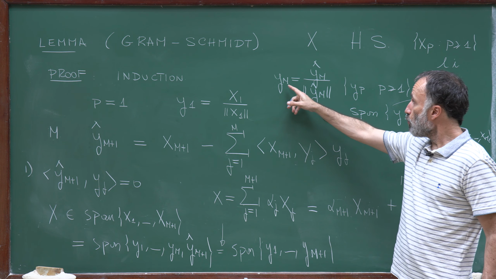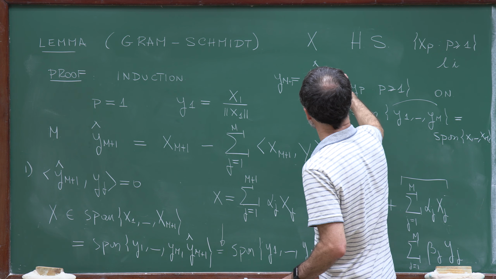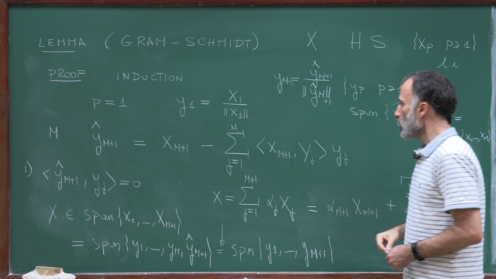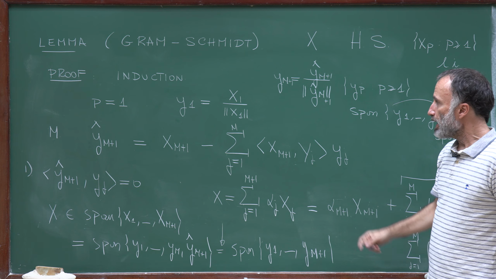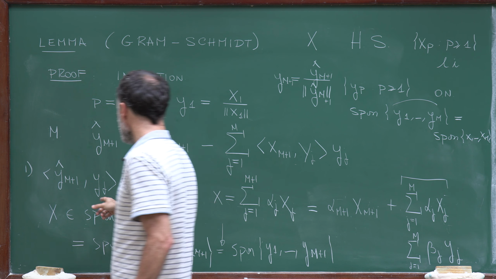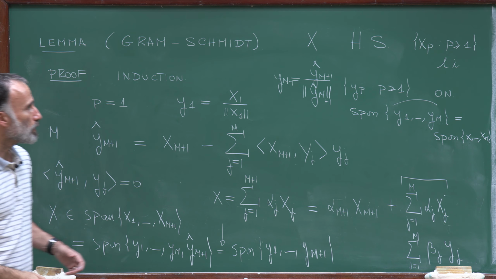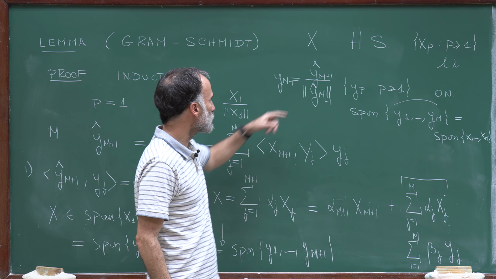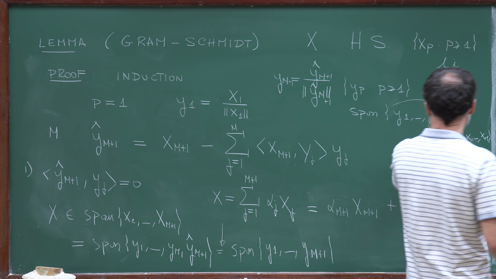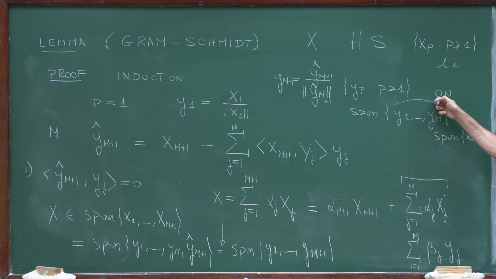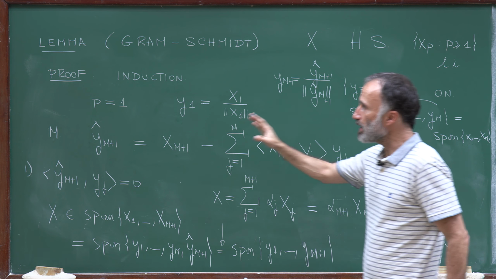Also, y_{m+1} has norm equal to 1. And y_{m+1} is orthogonal to all y_j because it's a scalar times y hat m plus 1, and y hat m plus 1 is orthogonal to all y_j. So indeed, this family up to m plus 1 is an orthonormal family, and its span is equal to the span of x1 up to x_{m+1}, and this was my first claim.